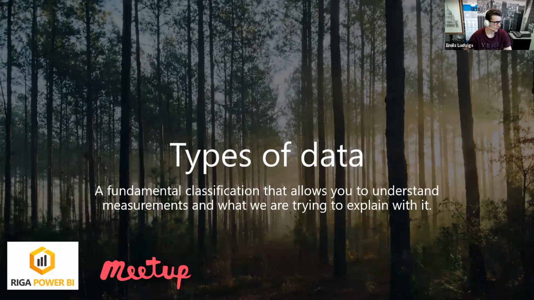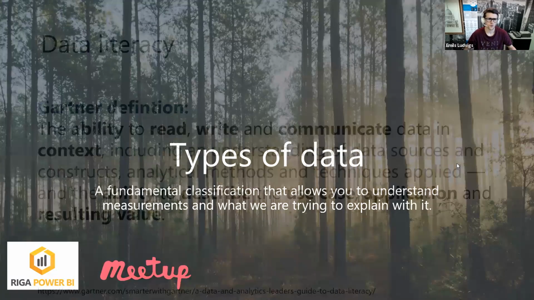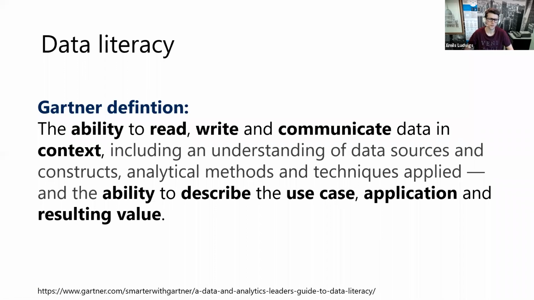First of all, I wanted to start with what Gartner thinks data literacy is. Gartner says it is the ability to read, write, and communicate data in context. This means you are providing the right information for the users, with a specific context, not giving unnecessary data, but something specific to make a solution for a specific problem.